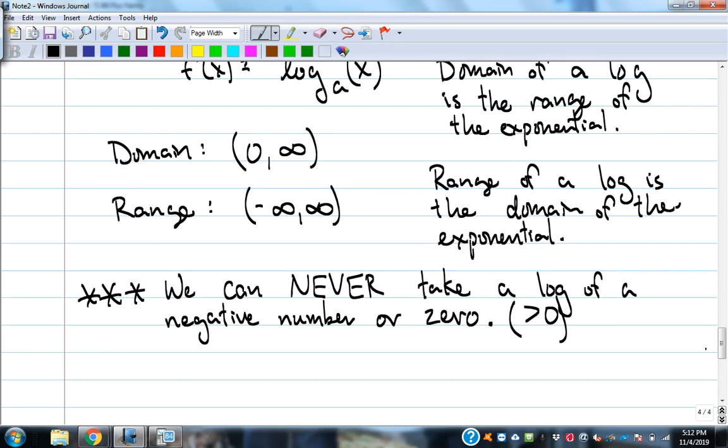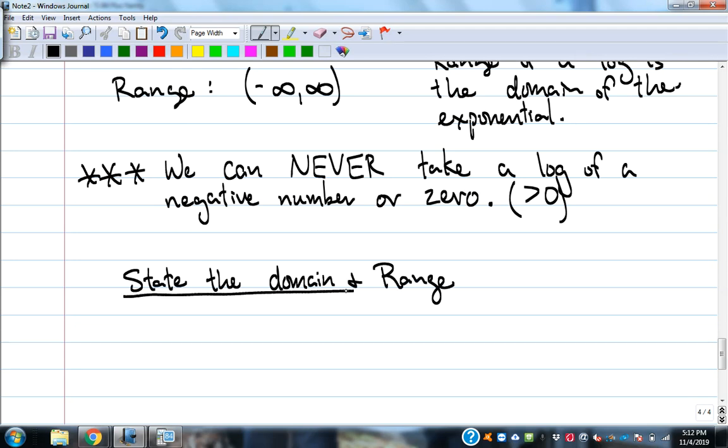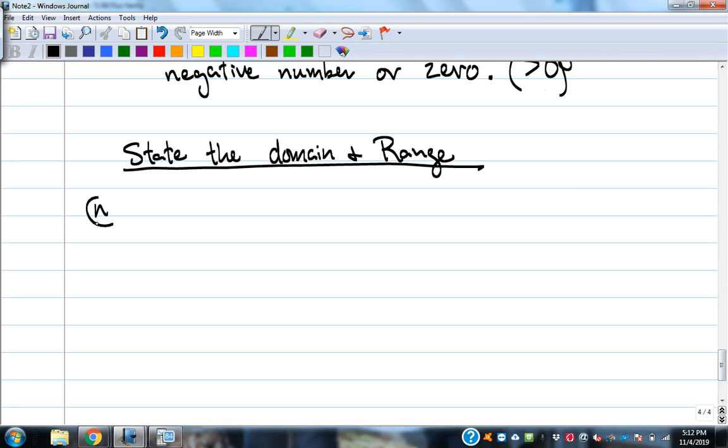So if we're going to state the domain and range for some problems, example n, say we had f of x is equal to log base 2 of x plus 3.